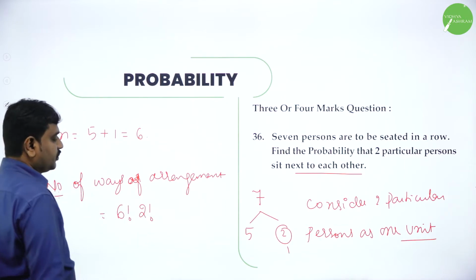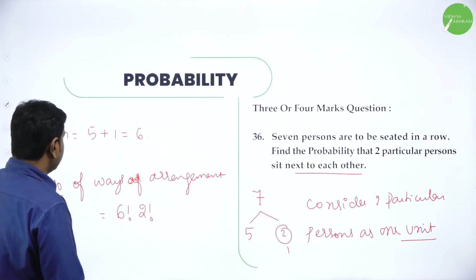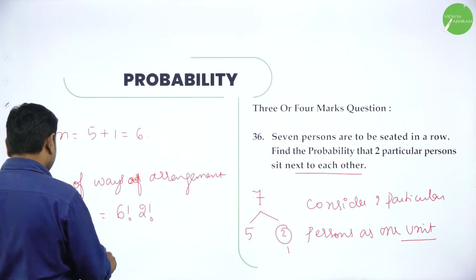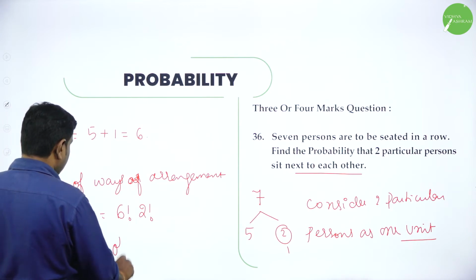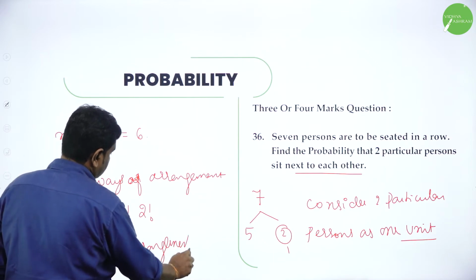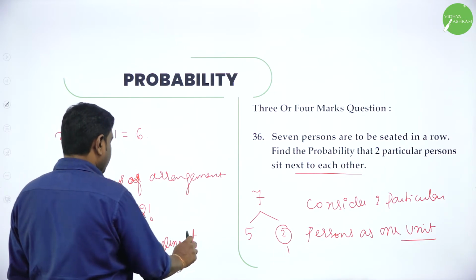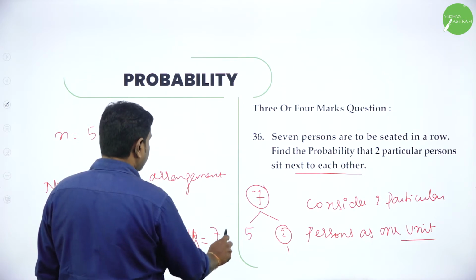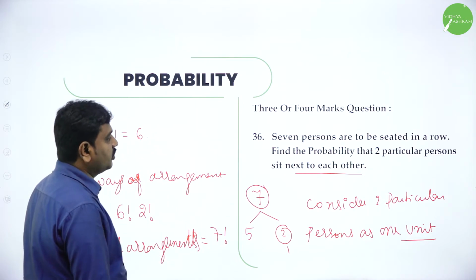A, B and B, A. This is total number. So total number of arrangements without any restriction is equal to total how many we have? 7. 7 people can be arranged without any restrictions in 7 factorial ways.